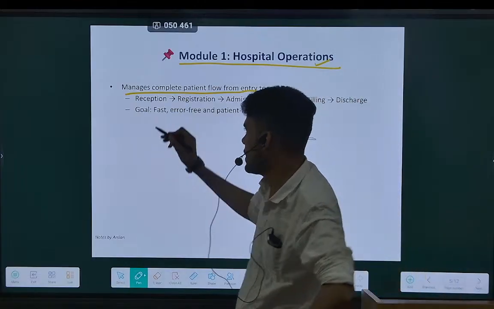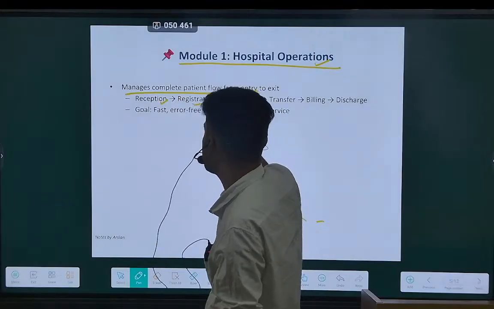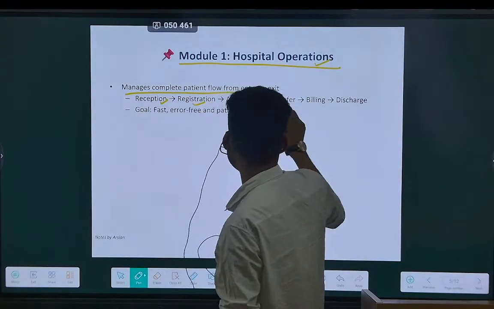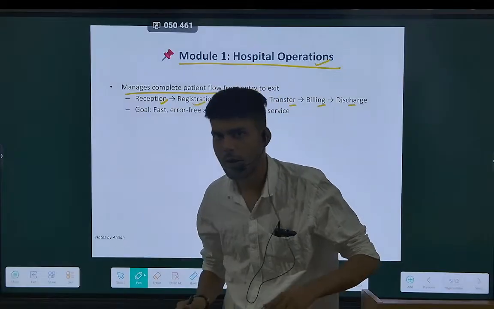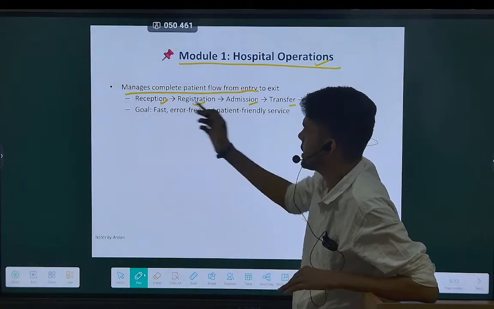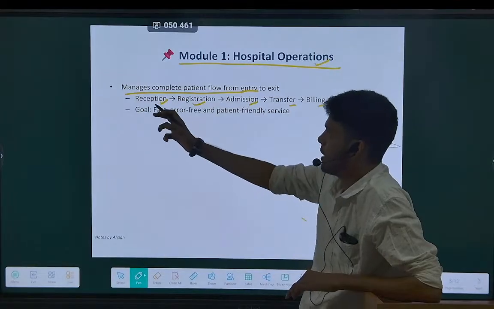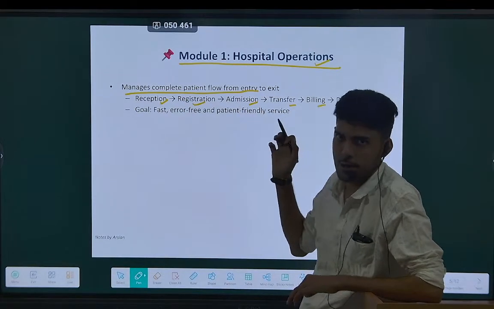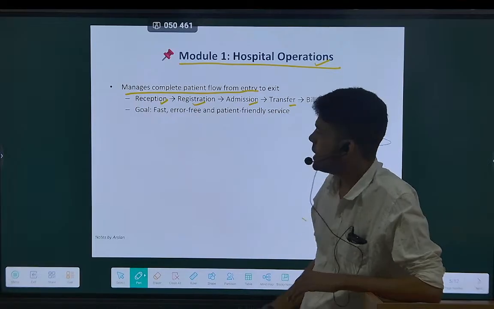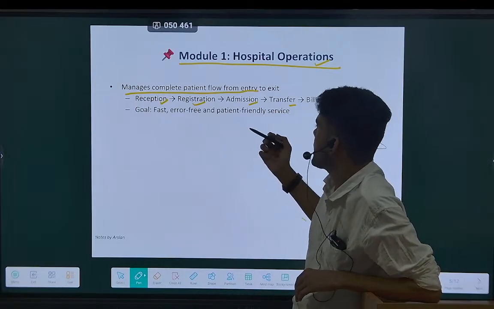So at the very beginning there is a reception, there is registration, admission, transfer, billing, discharge. So why are all these functions there? All these different points of contact are there. What is their goal? The goal is error-free and patient-friendly service.